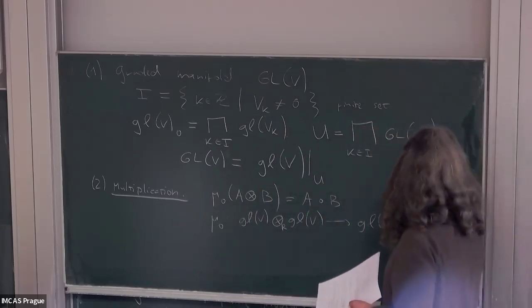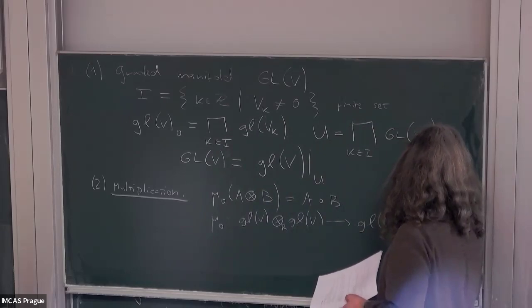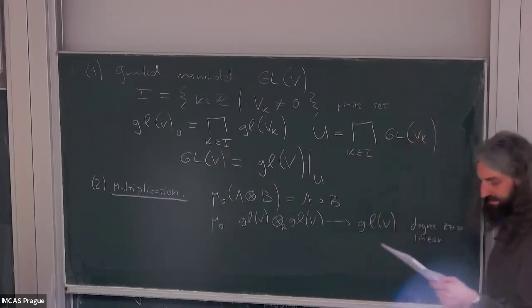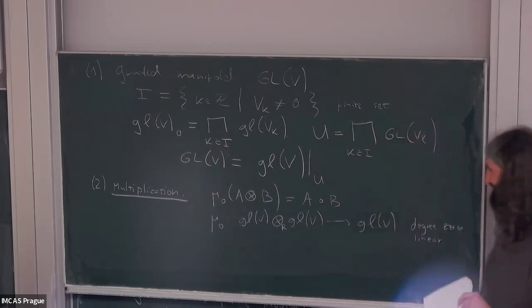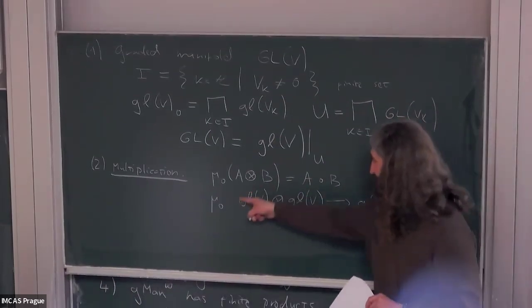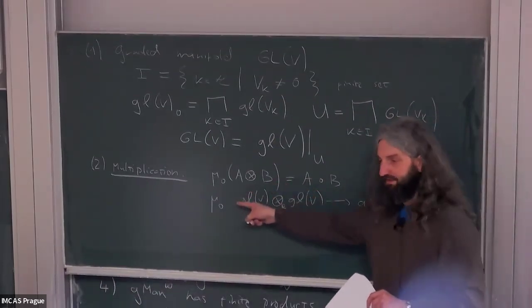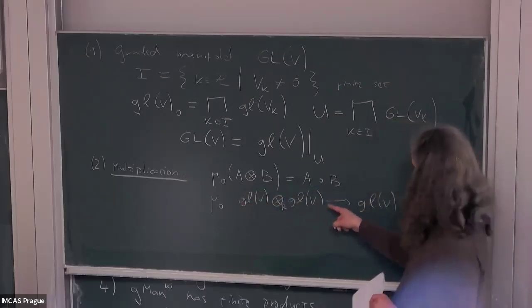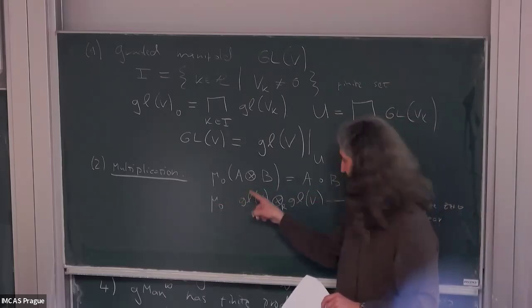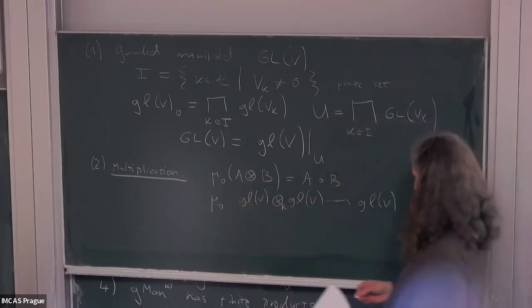And this is degree 0 linear. Therefore, it can be viewed as a graded smooth map from this. So this is a finite dimensional graded vector space, so canonically this is a graded manifold. So you can view this as a smooth map from this guy to this guy.